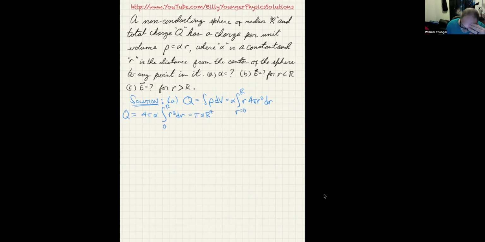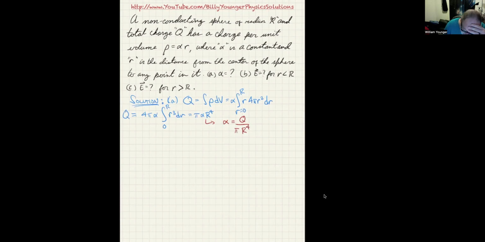So this immediately tells me that alpha is equal to Q over pi times R to the 4th. That's what alpha is.